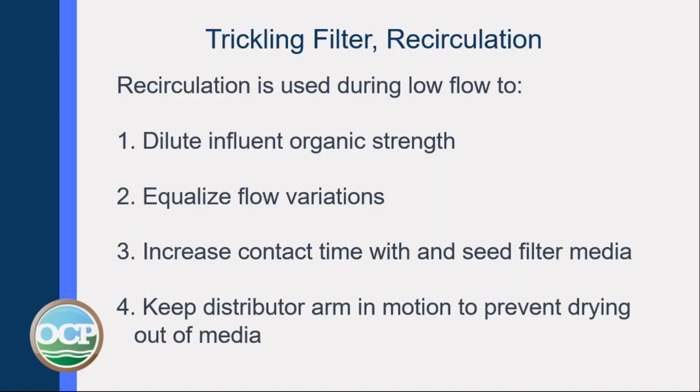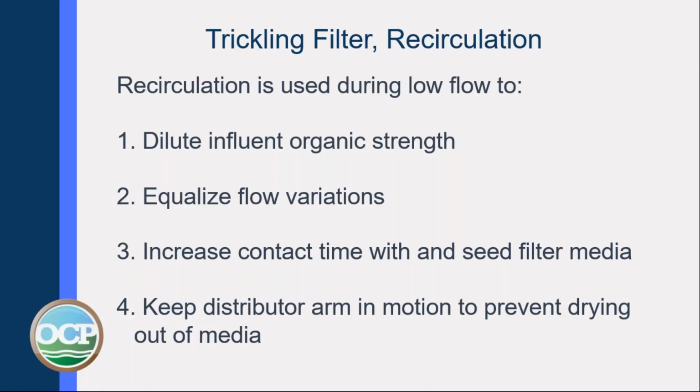Why do you have recirculation in a trickling filter? Recirculation is used during low flow to dilute the influent organic strength. You want to try to keep a fairly constant level of food going to a trickling filter. You can use the recirculation to equalize flow variations.